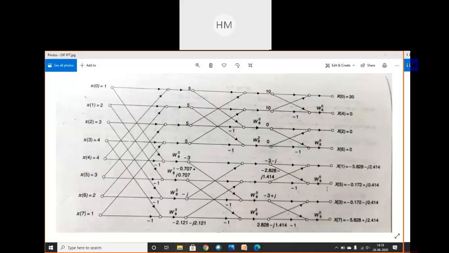And capital N is equal to 8. Find x of k using DIF FFT and DIT FFT algorithm. Using both the algorithms, you have to find it.